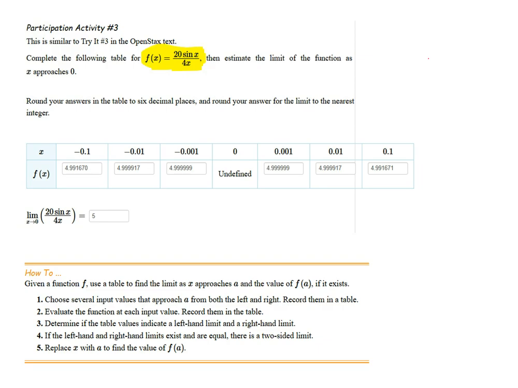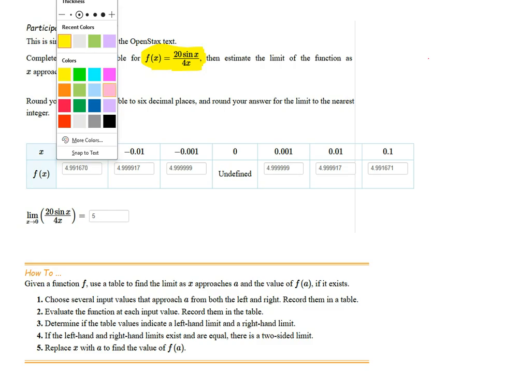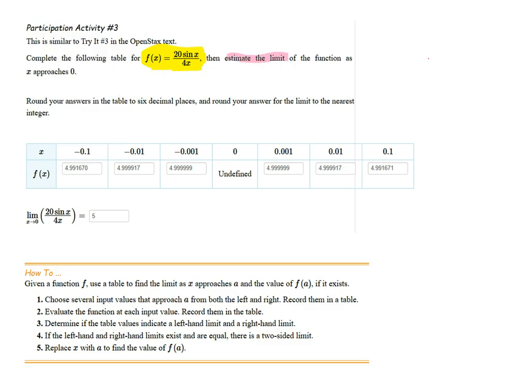So what they want you to do is complete the following table for this function and then estimate the limit of the function as x approaches 0. Even though they didn't put it right here, it's like they're saying the limit as x approaches 0. That should be underneath the function.